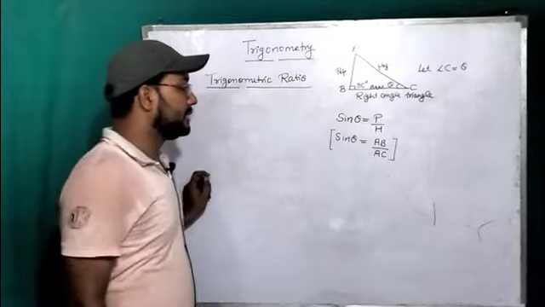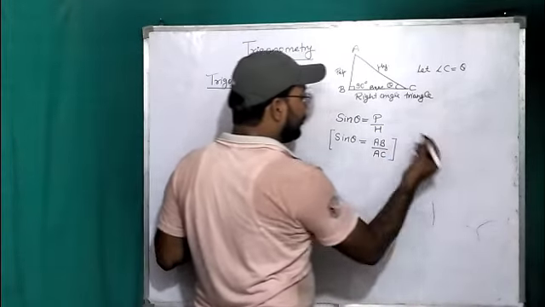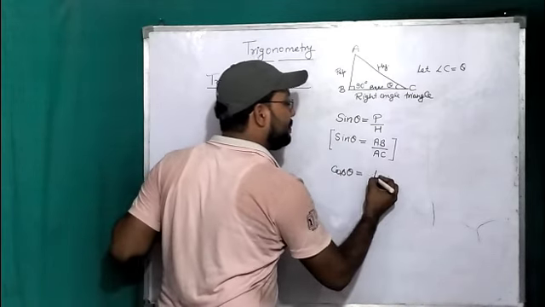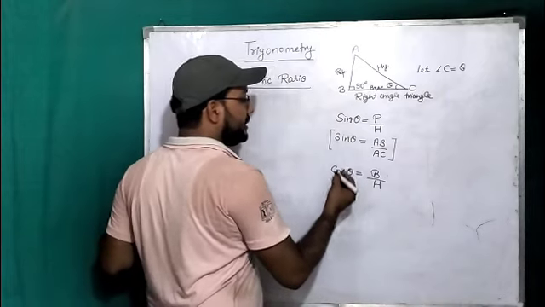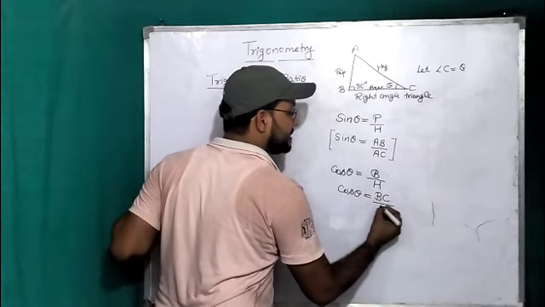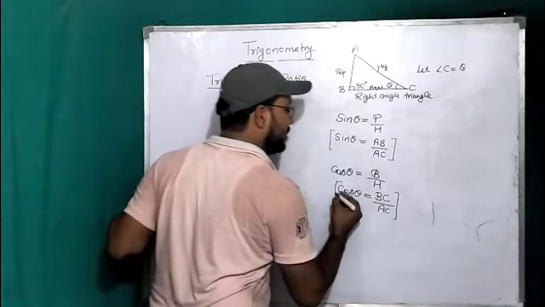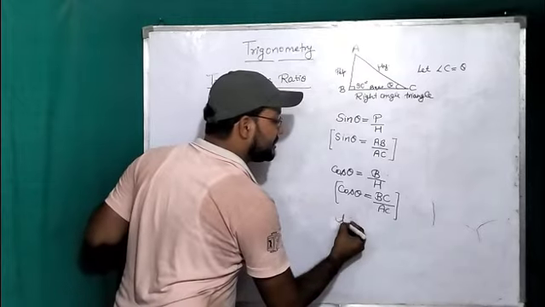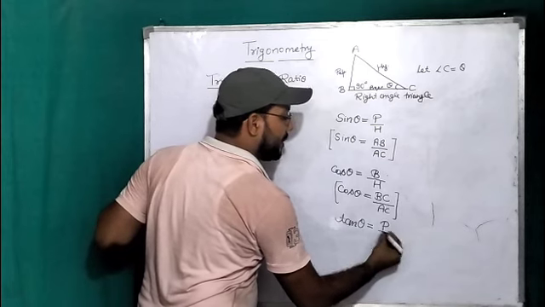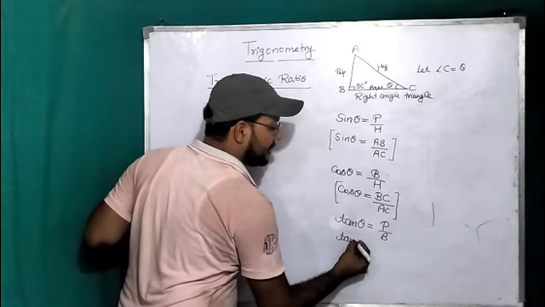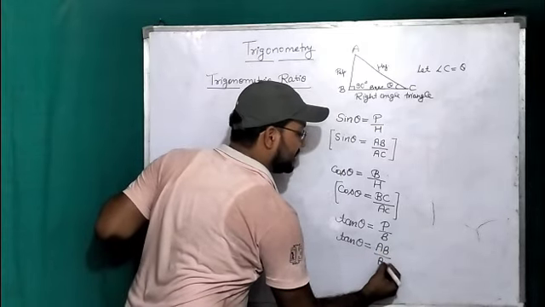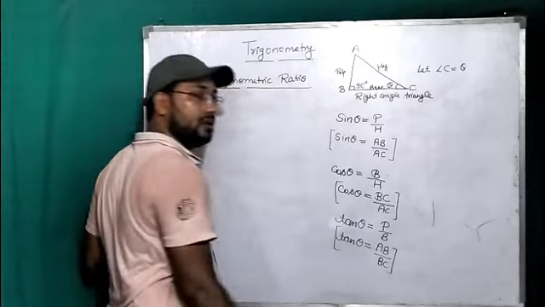Cos theta is equal to base upon hypotenuse, and in this triangle the base is BC and the hypotenuse is AC. Tan theta is equal to perpendicular upon base, which is AB upon BC.